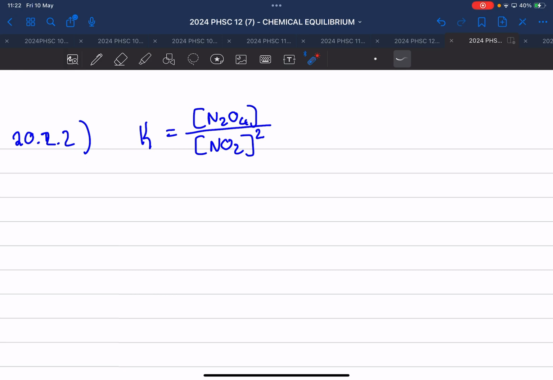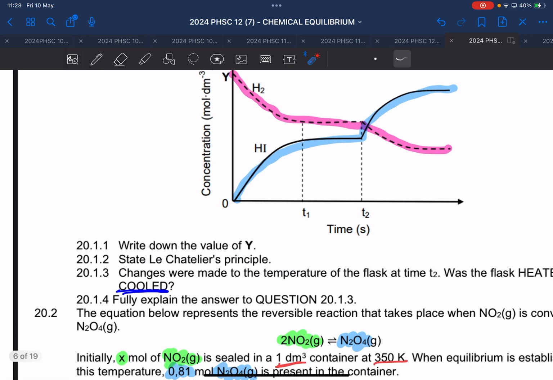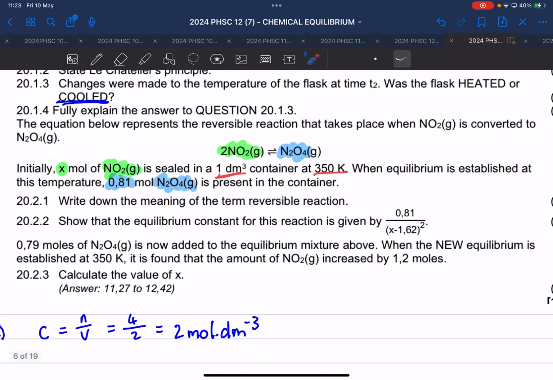So when our reaction is at equilibrium, those are the concentrations we need to substitute in here. So they tell us when equilibrium is established, it would be 0.81 moles of our product, so we can substitute that in just like that. But with our reactant, they only tell us there's X moles present at the beginning of the reaction. So how are we going to figure out how many moles is present after the reaction?